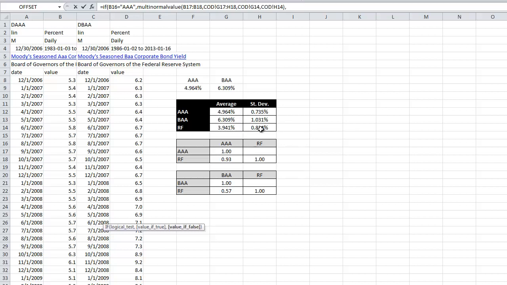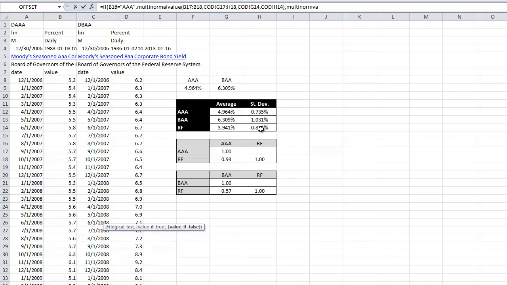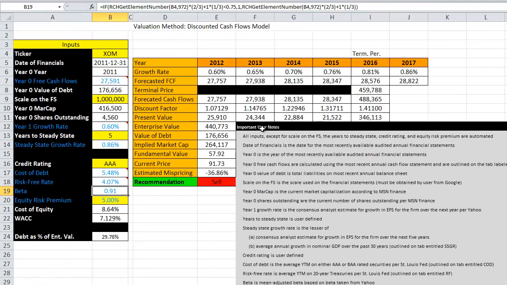However, if it's not AAA, if it's BAA, then we want multi-normal value. Again, B17 to B18 is where we want the correlation. This now becomes our correlation matrix, and again, there's our average and our standard deviation.